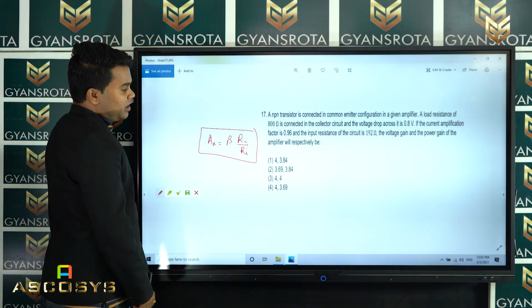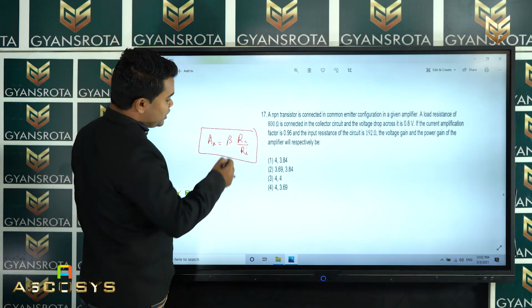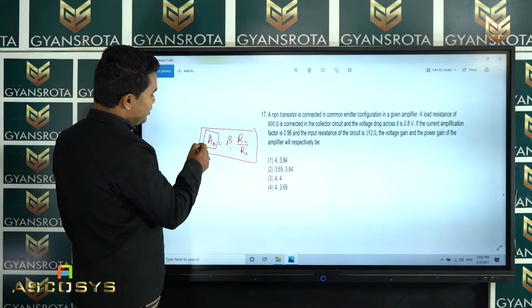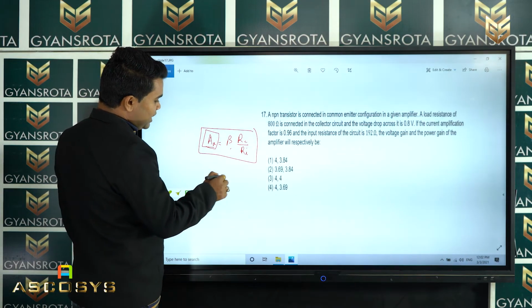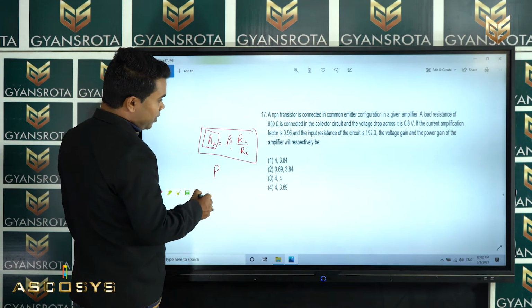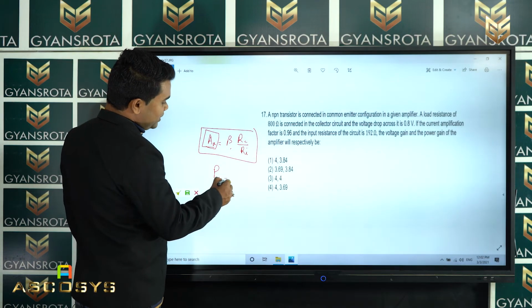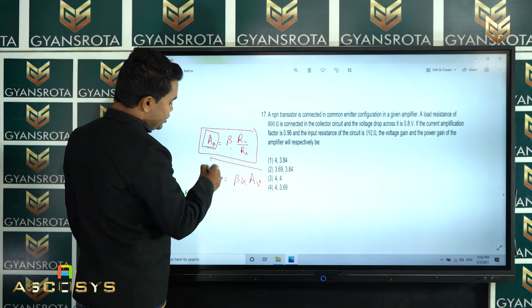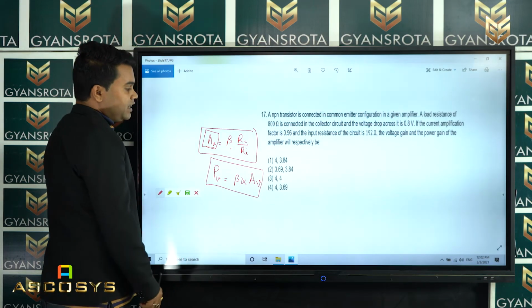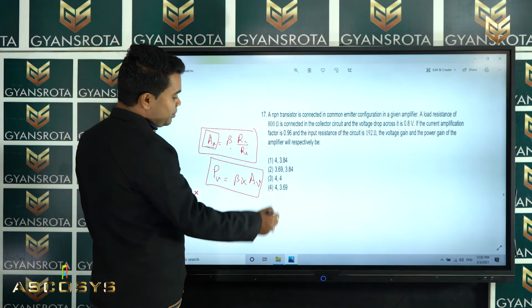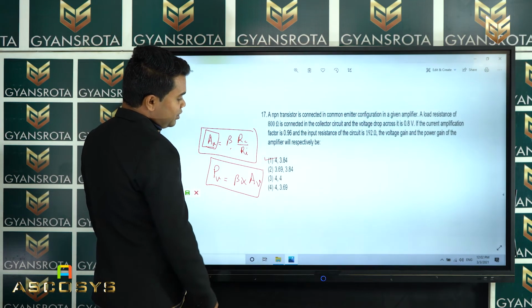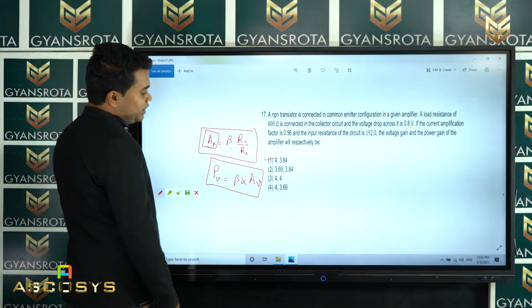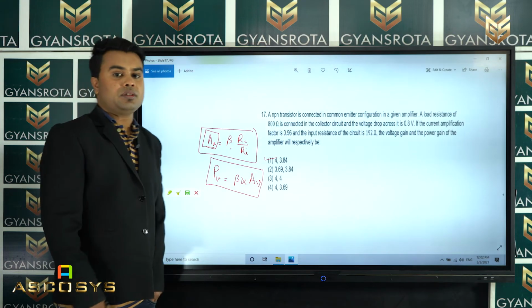RC is given to us, RI is given to us, beta is given to us. This can be calculated. Also last but not the least, you need to calculate power gain. It will be beta multiplied with AV. So this one will give your power gain. So your final answer comes out to be option number 1, 4, 3.84 if you put the values, right.